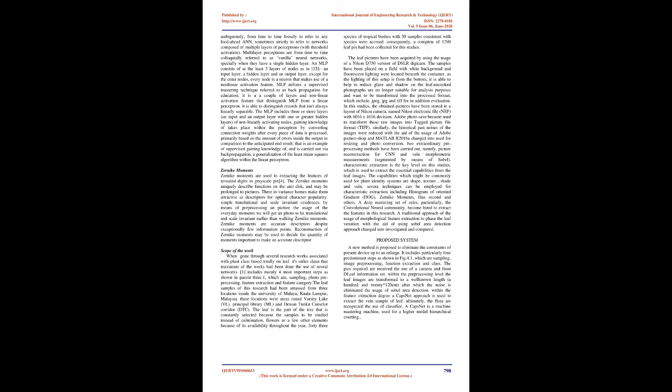Learning occurs in the perceptron by changing connection weights after each piece of data is processed, based on the amount of error in the output compared to the expected result. This is an example of supervised learning, and is carried out through backpropagation, a generalization of the least mean squares algorithm in the linear perceptron.